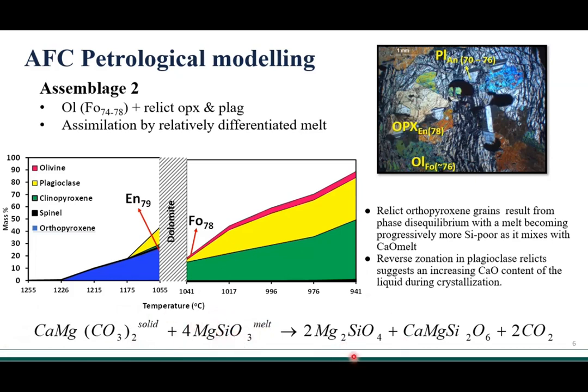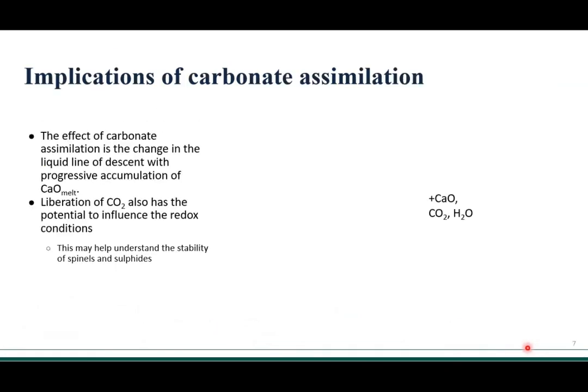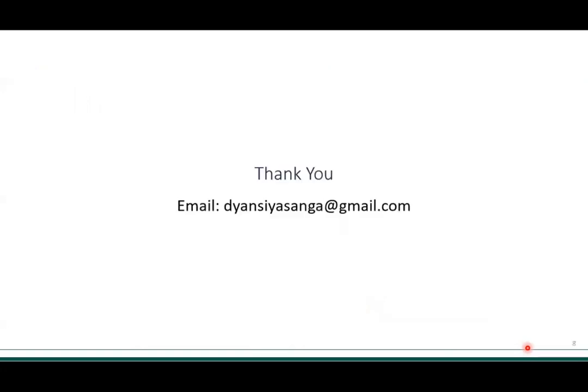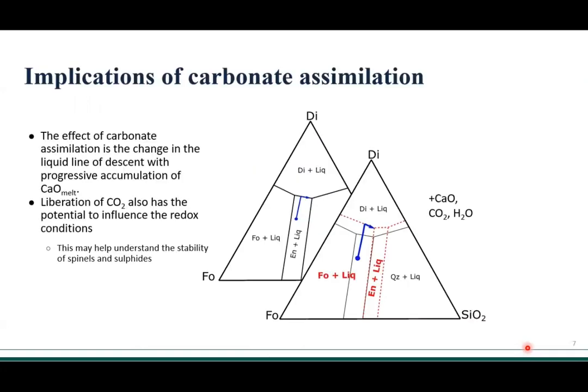So what we'd have is the formation of olivine and some clinopyroxene and liberation of carbon dioxide. So basically, this means that assimilation of dolomite changes the liquid line of descent as it progressively accumulates calcium in the melt.